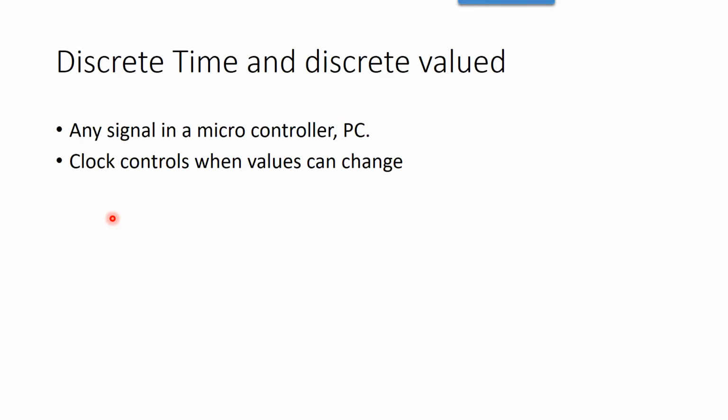But discrete time and discrete value, yeah, any signal in a microcontroller or PC, if the clock controls when values can change. If I have some average daily value, and I can't write down an infinite set of numbers beyond it, that's discrete time, discrete value.